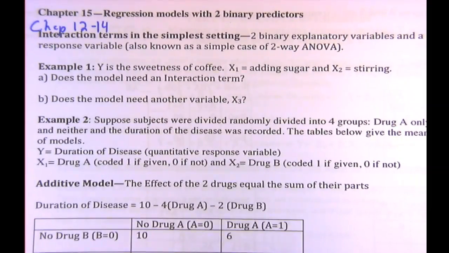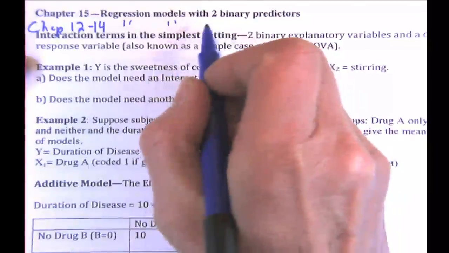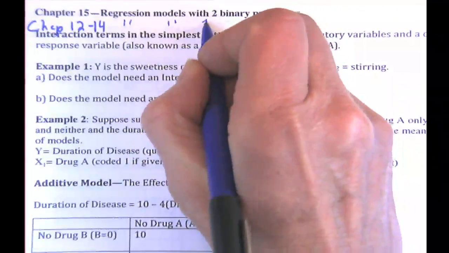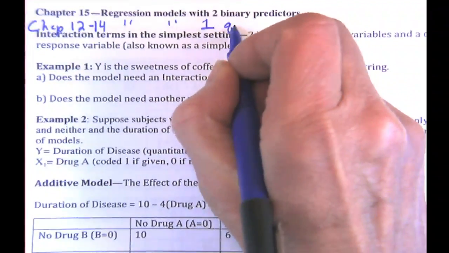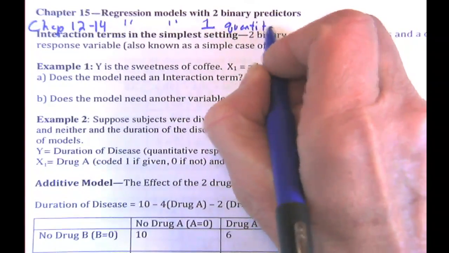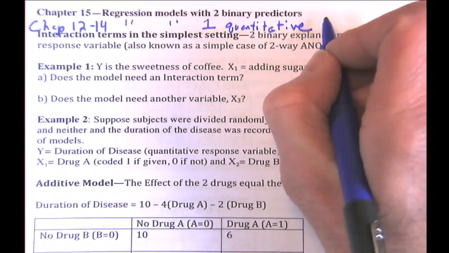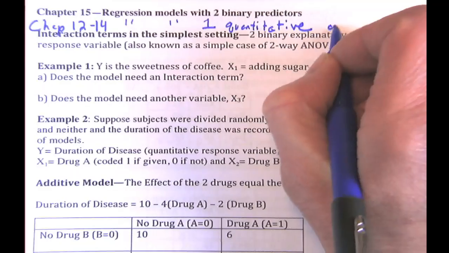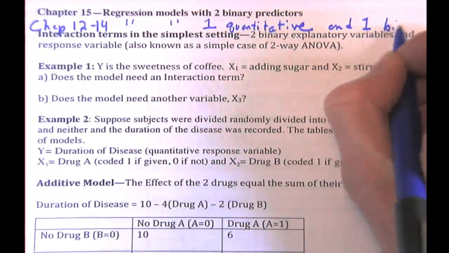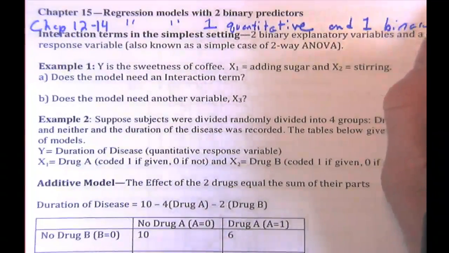Okay, so in chapters 12, 13, and 14, what we looked at was regression models with what? With one quantitative x predictor, an x variable. For example, you had height, and one binary, what sport, like whether the person was a sumo wrestler or an NBA player.